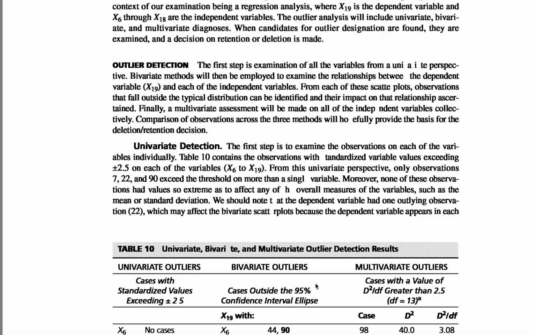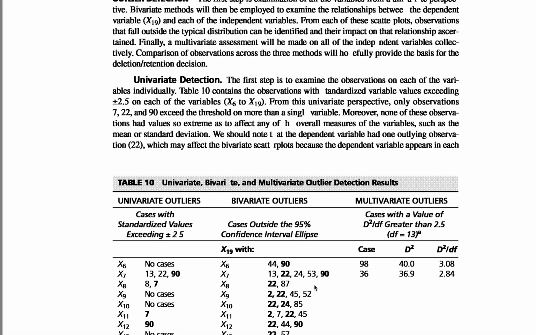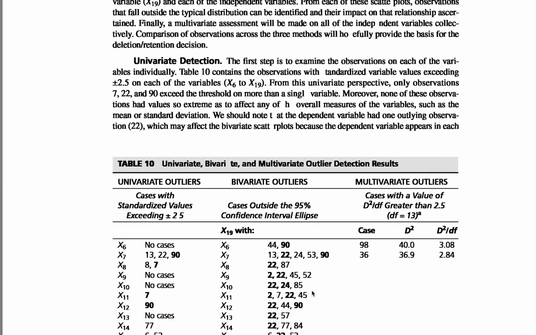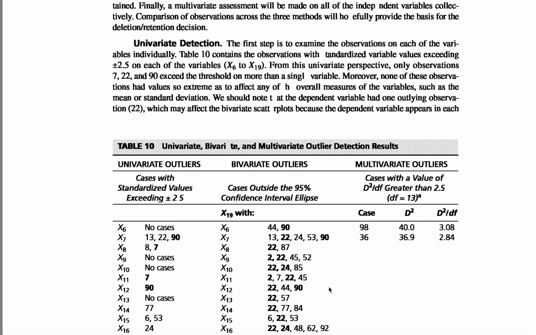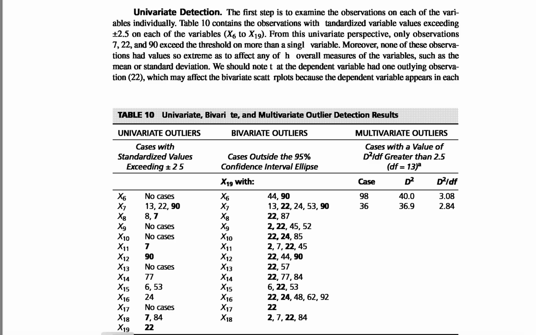Univariate detection. The first step is to examine the observations on each of the variables individually. Table 10 contains the observations with standardized variable values exceeding plus or minus 2.5 on each of the variables X6 through X19. From this univariate perspective, only observations 7, 22 and 90 exceeded the threshold on more than a single variable.